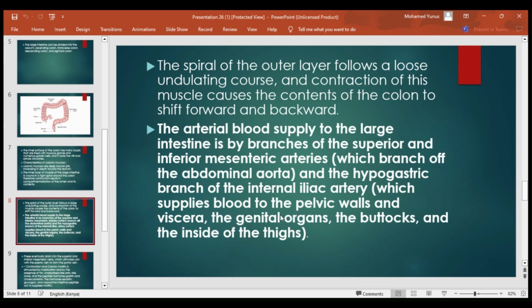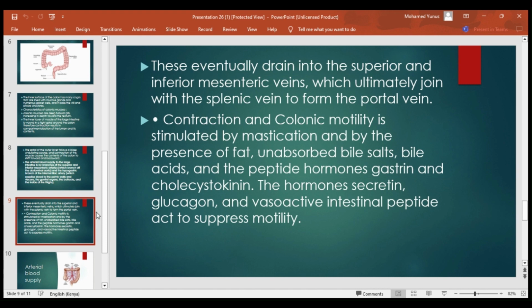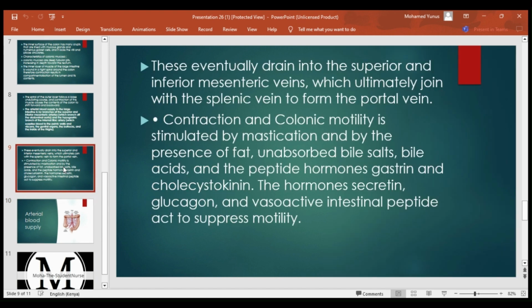It also supplies blood to the genital organs, the buttocks, and the inside of the thigh. So here's the blood supply. Here's the aorta. Then here's the inferior mesenteric artery. Here's the superior mesenteric artery. That's a brief diagram talking about the blood supply of the large intestine.